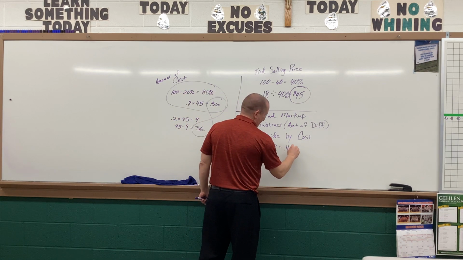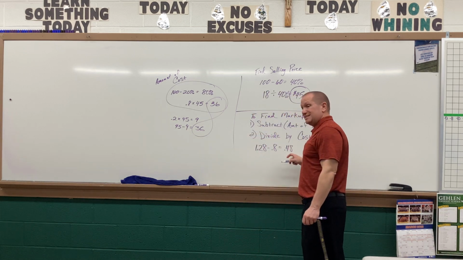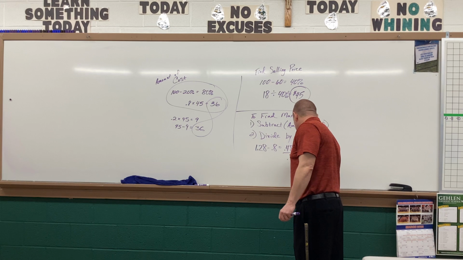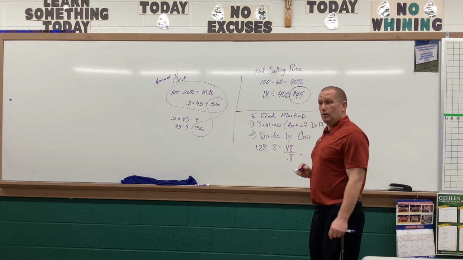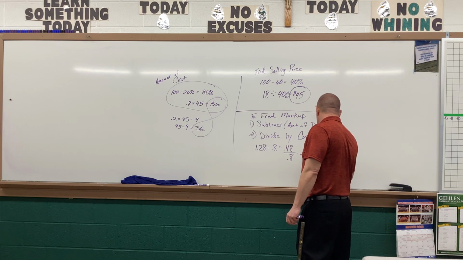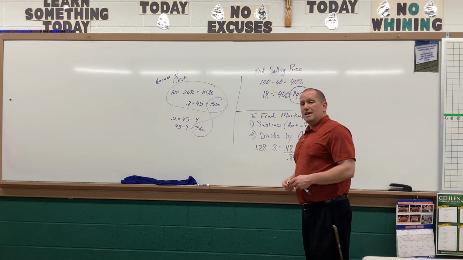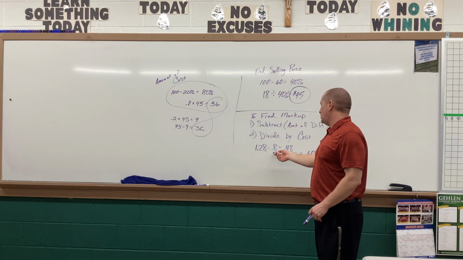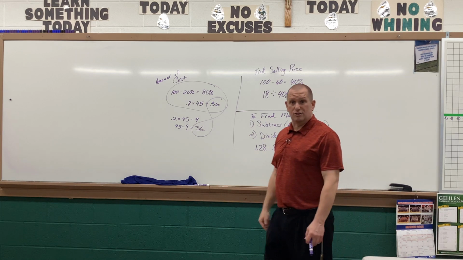Then you're going to take 48 cents divided by which number? The 0.8. Exactly right. So what was my markup? 60%. So again, this one was 60% also, but obviously we only went from 80 cents to $1.28.